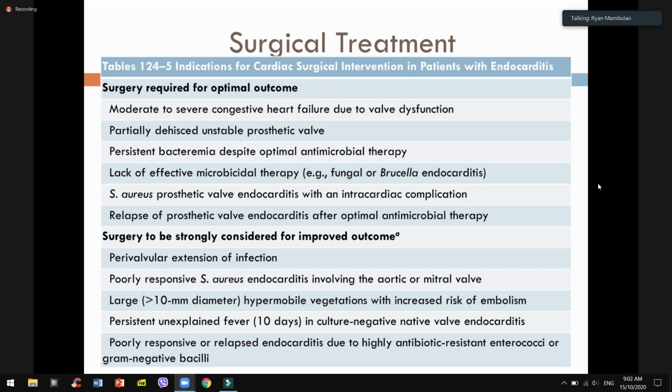On the echo, if we see a vegetation more than 10 centimeters, we advise surgery. Or if we see further damage, let's say there is abscess formation, or the prosthetic valve is moving and about to be dislodged, then you need to operate. Or let's say the regurgitation is now severe, even if you give diuretics, the patient still congests, and that's why you advise surgery.